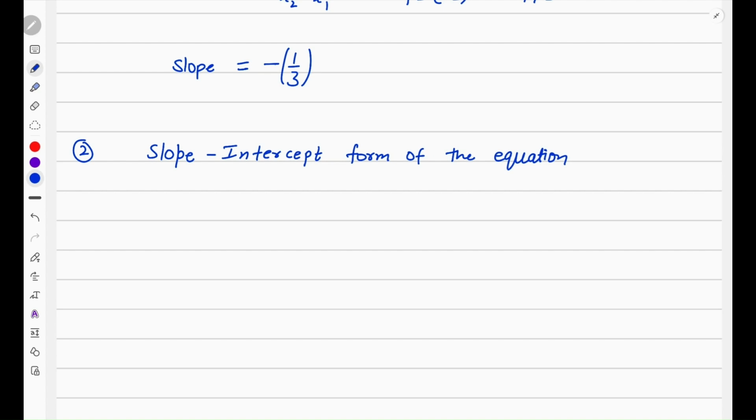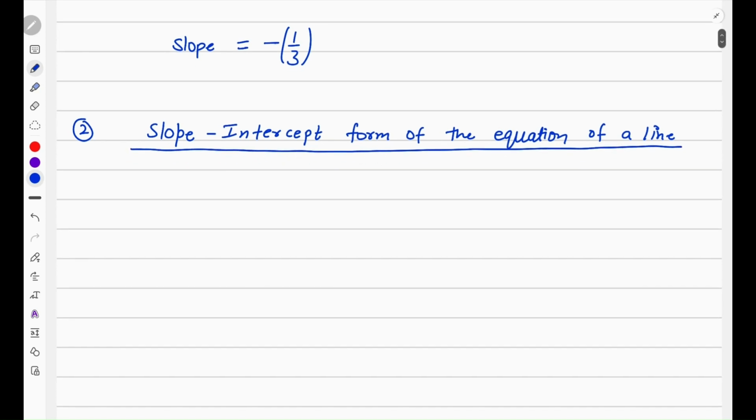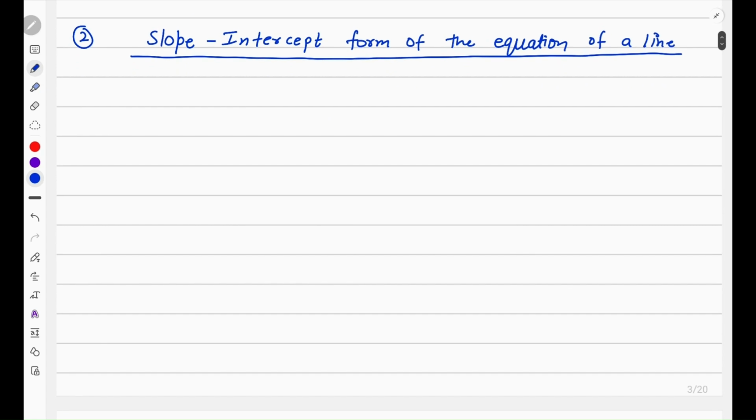In this topic, we are given the form of a line.